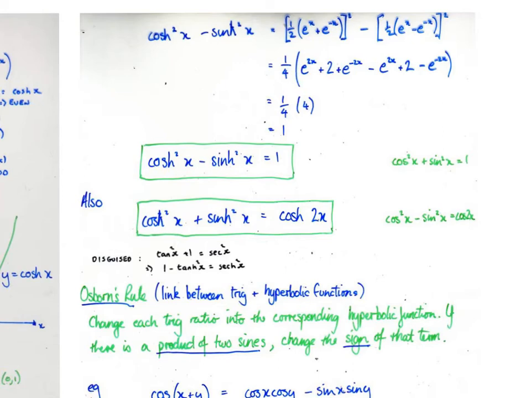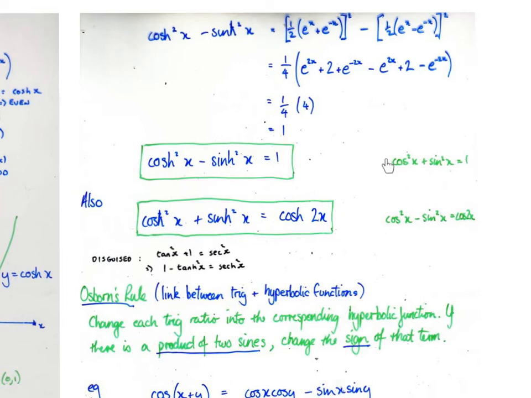You might notice that the link between the two, cos squared, sine squared, and cos 2x, is almost identical to the trig version, except where you have a sine term that is multiplied by another sine term. So sine squared x is sine x times sine x, a sine term times a sine term.